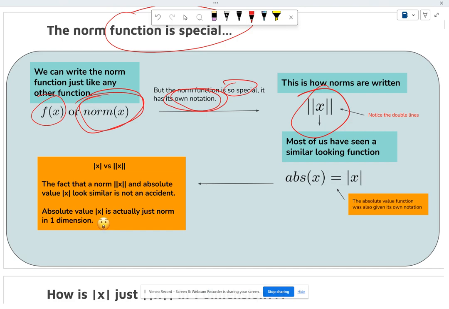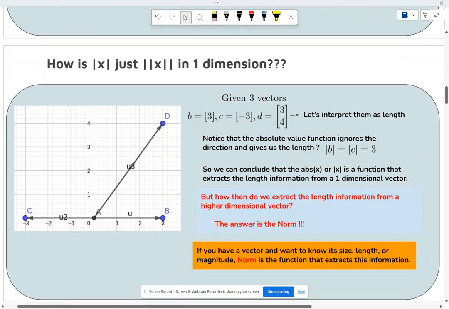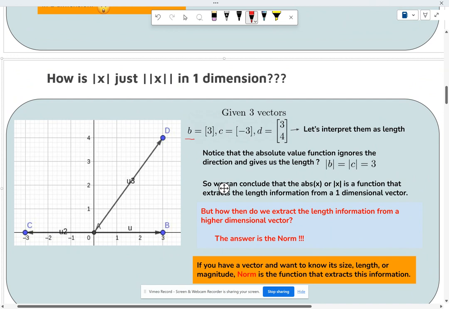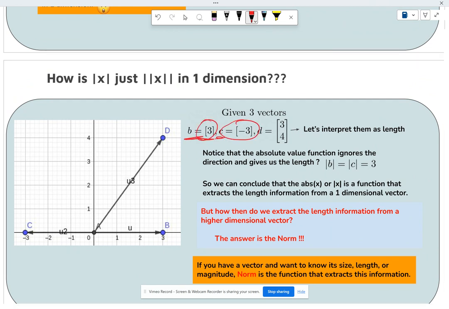Let's say we have vector B, which is dimension 1, and vector C, which is also dimension 1, but they're pointing in different directions, 3 versus minus 3. If we take the absolute value of B and C, that's going to give us 3. We don't really care about the direction it's pointing. The absolute value just tells us the magnitude, the size of the vector, which is 3.